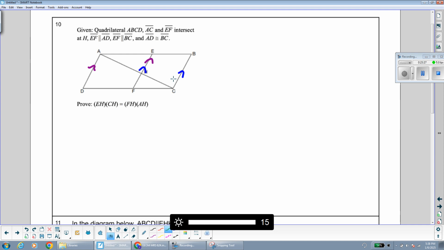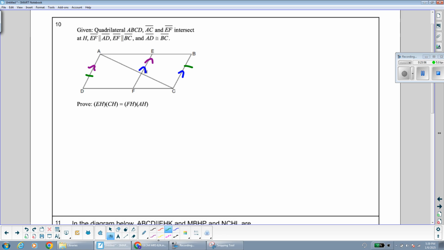It's called the transitive property of parallelism. If these are both parallel to the same line, then they have to be parallel to each other. So since AD is parallel to BC, and since it also says that AD is congruent to BC, we know that quadrilateral ABCD is a parallelogram because it has one pair of opposite sides that are both congruent and parallel.